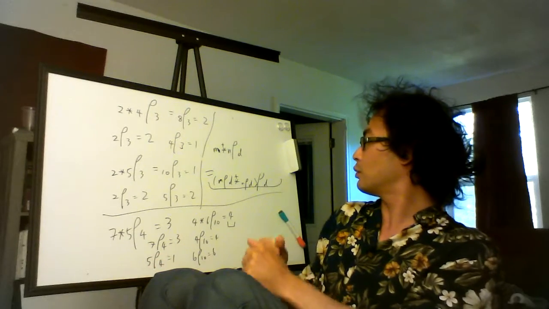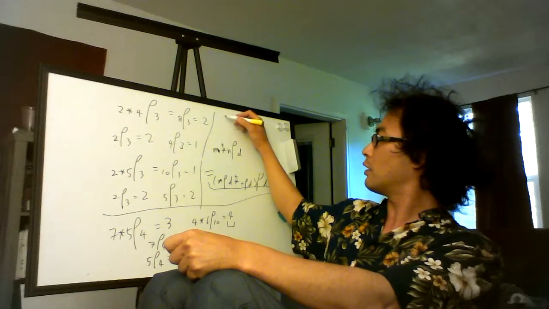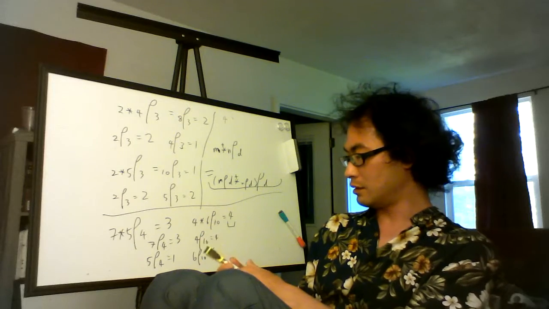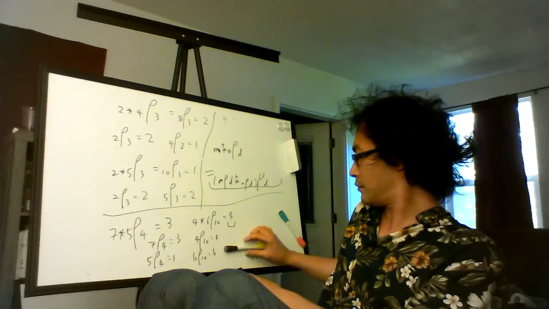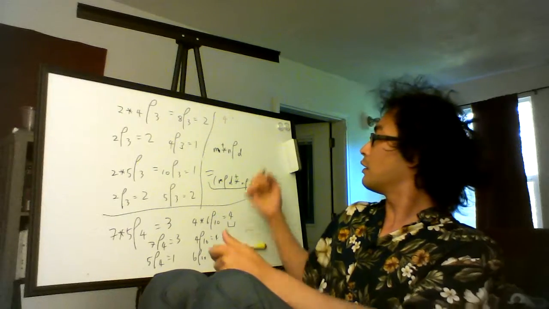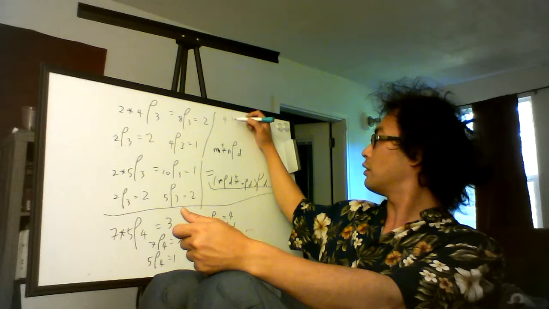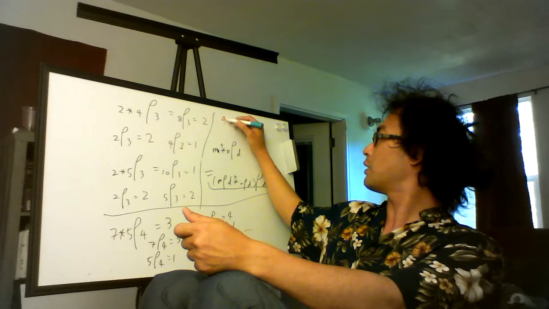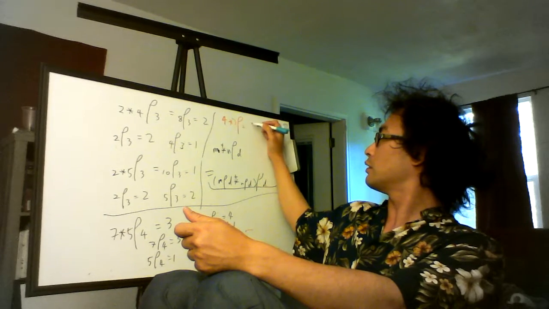So you have 4 multiplied by say 3, mod 2, is equal to what?